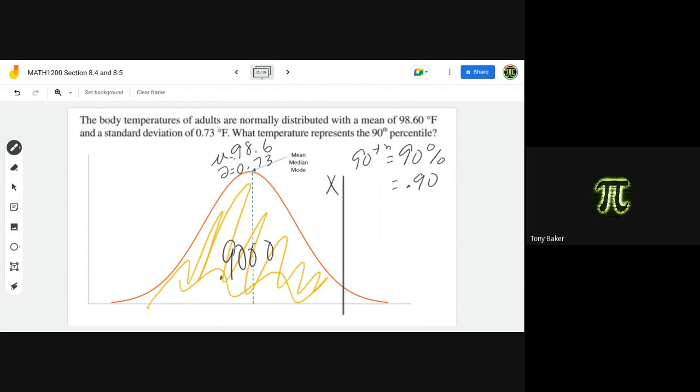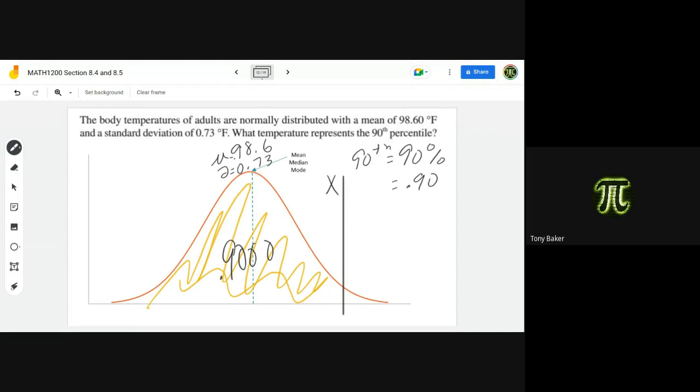No, I don't want the percent. I want to know the value. Oh, we're going backwards. My bad. So they want to know what the actual temperature is if they're in the 90th percentile.